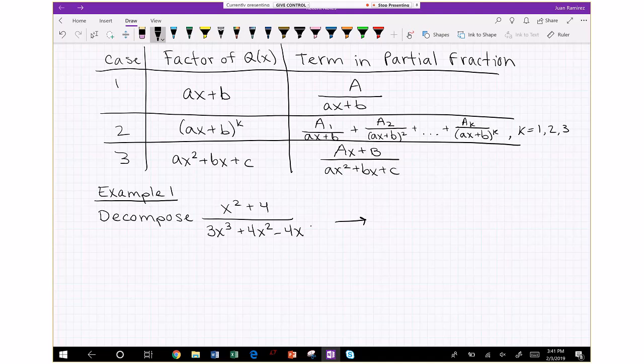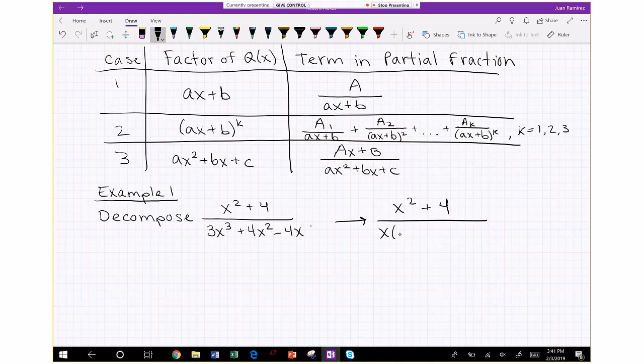Okay, now we will rewrite this such that the denominator is fully factored. I see that all terms in the denominator have an x, so I could factor that out. And then I'm left with 3x squared plus 4x minus 4.